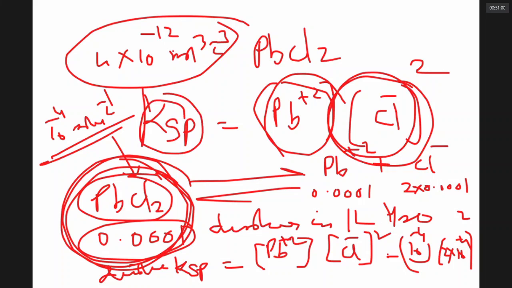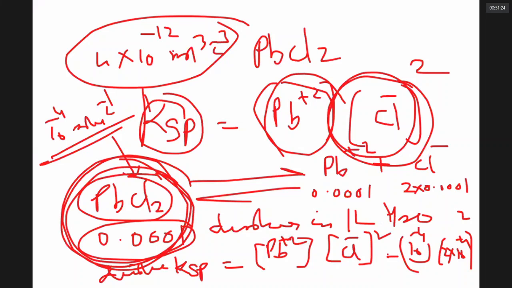So solubility product and solubility are both different. If the solubility is less, solubility product will also be less, but they are not equal. I can never judge which is more soluble by looking at solubility product. I can judge which is more soluble by looking at solubility.